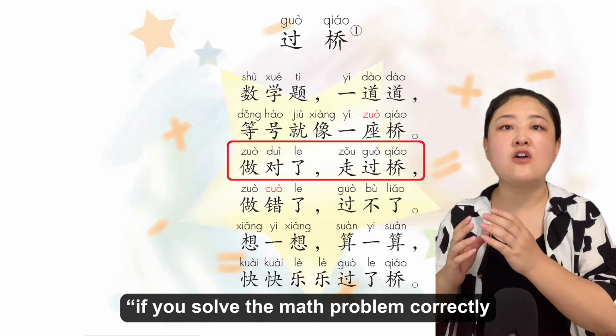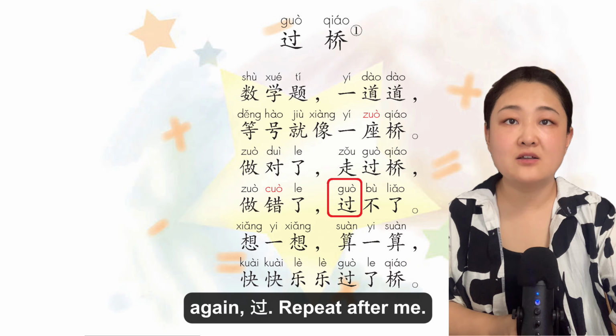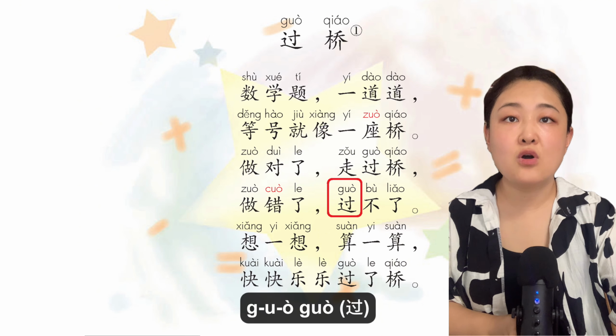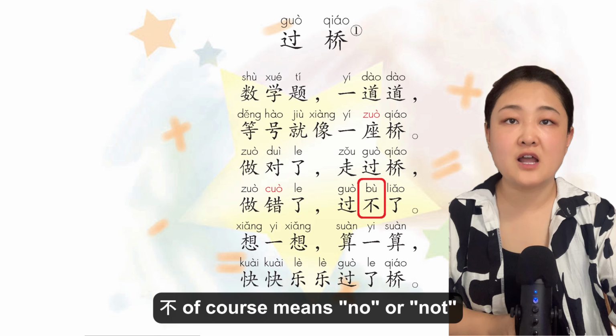You did not solve it correctly. 过不了 then you cannot pass the bridge. Again, 过 repeat after me. 过 means to pass. The next character is 不. Repeat after me the spelling. 不 of course means no or not.